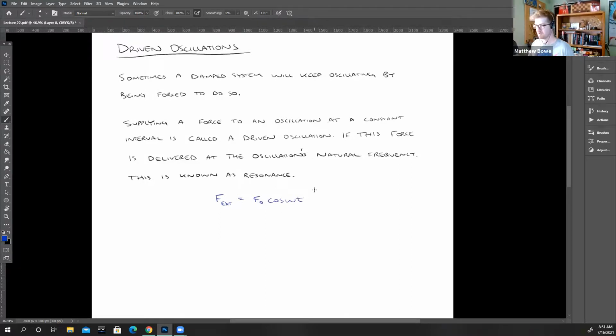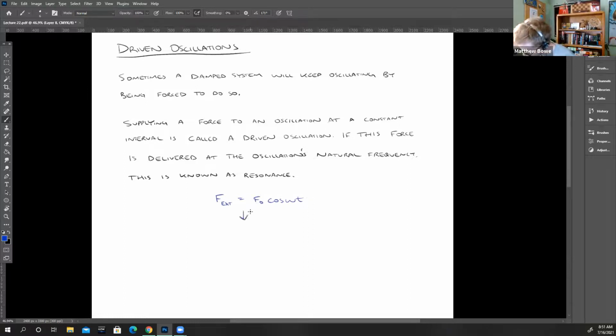So just some external force, some external force that is some magnitude and is being applied at a regular interval. So just a little push here and then a little push there, always at the same constant frequency interval.